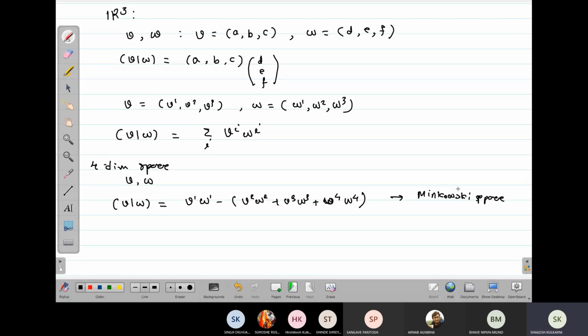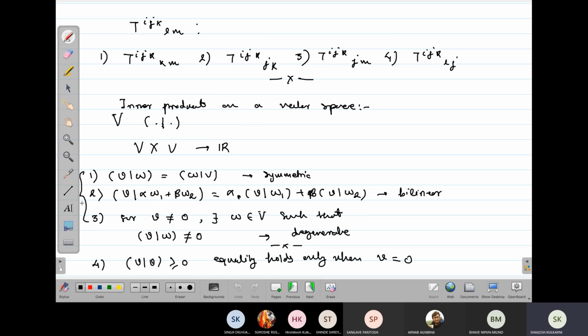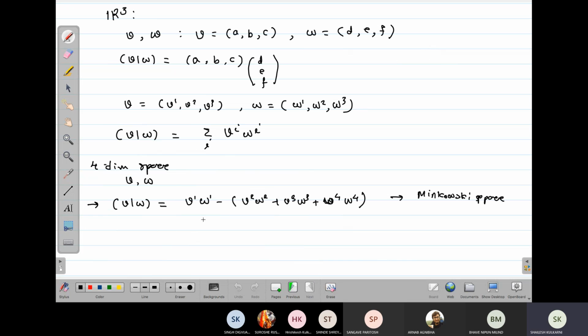This definition of inner product satisfies all these axioms 1 to 3, but not the last one. You can understand why: because of this minus sign, I can have this equal to 0 by adjusting this quantity with this.